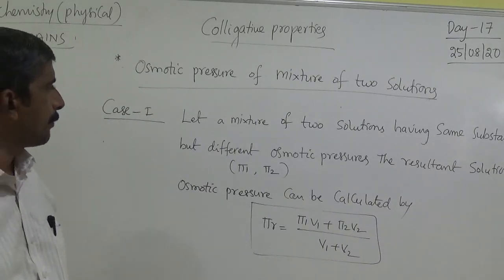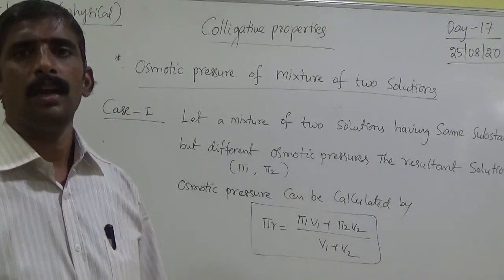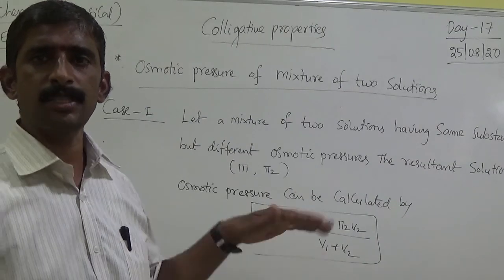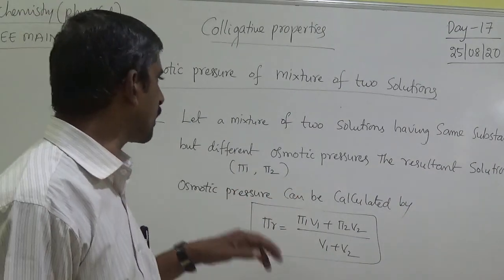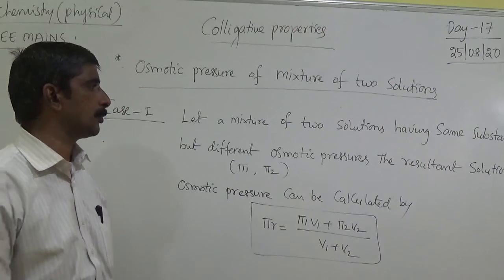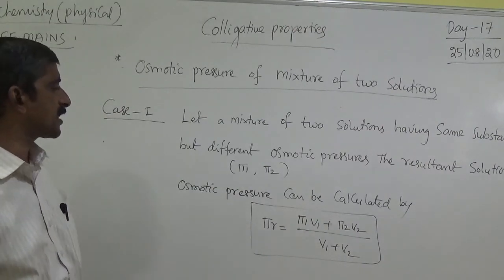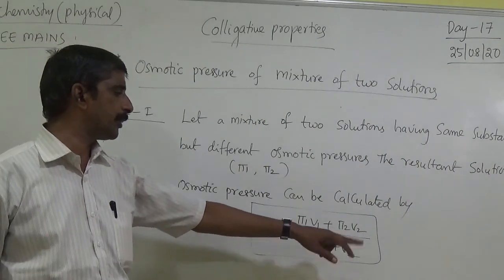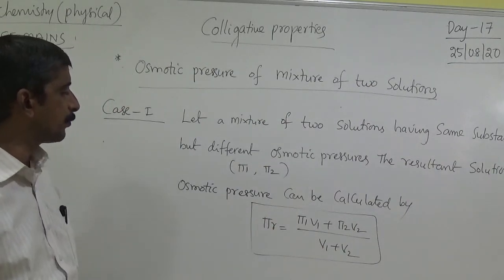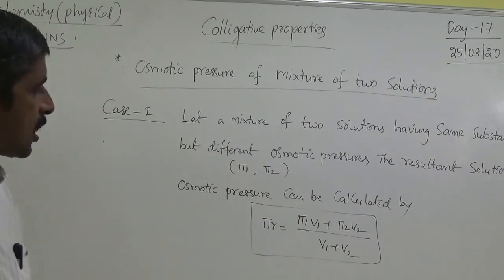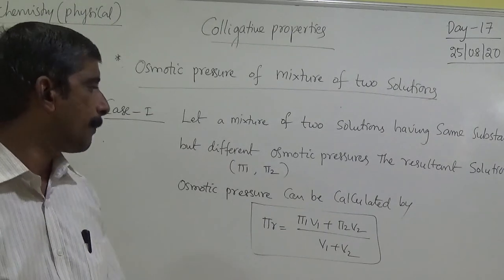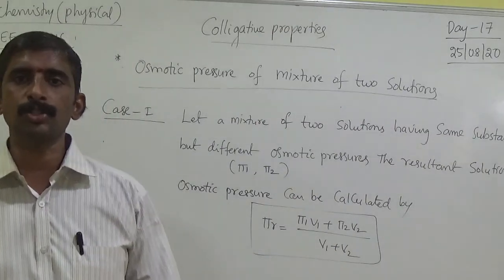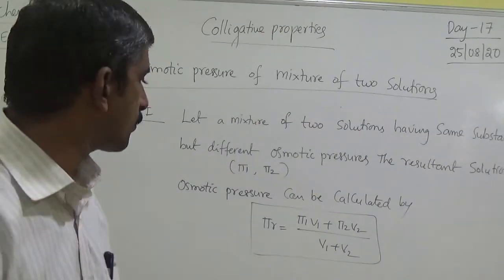Let a mixture of two solutions having the same substance but different osmotic pressures pi 1, pi 2. The resultant solution osmotic pressure can be calculated by pi r equal to pi 1 v1 plus pi 2 v2 by v1 plus v2. Here pi 1 means osmotic pressure of the first solution, pi 2 means osmotic pressure of the second solution, v1 means volume of the first solution, v2 means volume of the second solution.